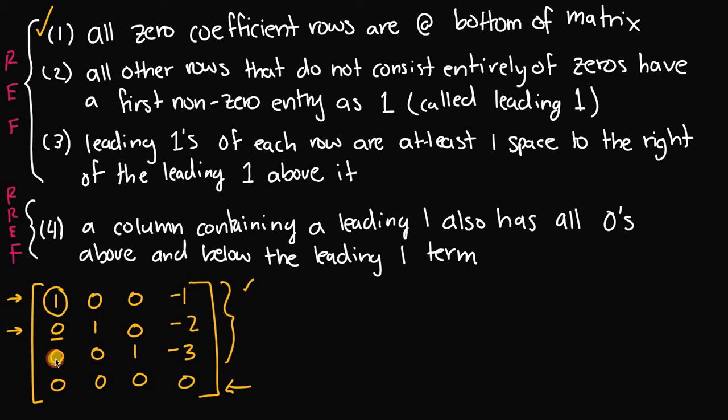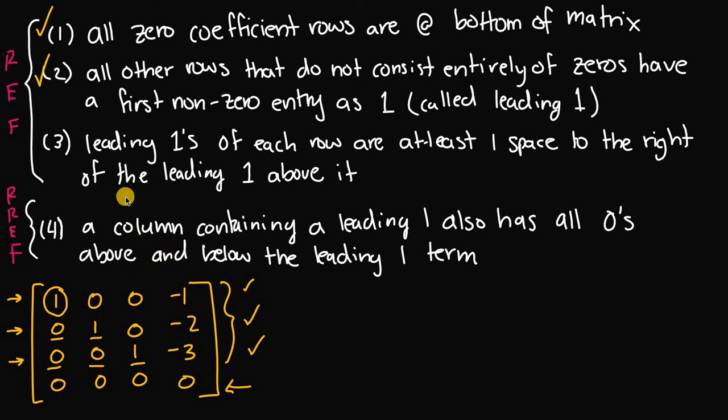Well, the first element in this row is 0, and the second element, which is the first non-zero element that we encounter, is a positive 1, so that row is good. How about the third row? Well, we have a 0, 0, and the first non-zero element that we encounter going from left to right is a positive 1, so that row is good. So this matrix satisfies rule number 2.